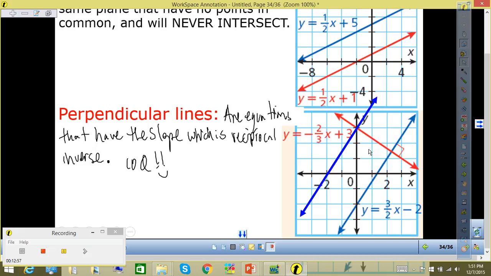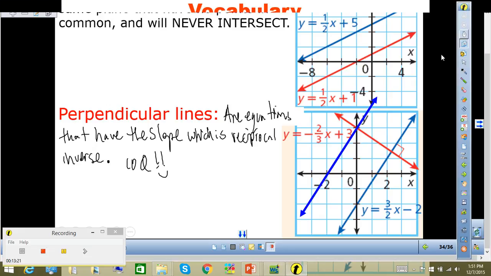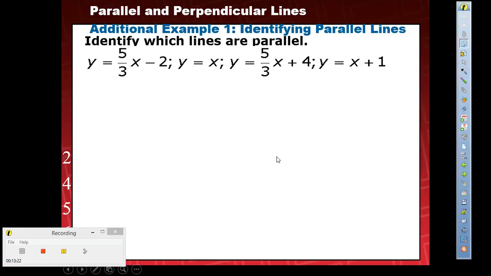Do they have the same y-intercept? Yes. So it doesn't matter whether they have the same or different, they're still perpendicular, as long as they have what kind of slopes? Reciprocal inverse. Does everyone understand that?